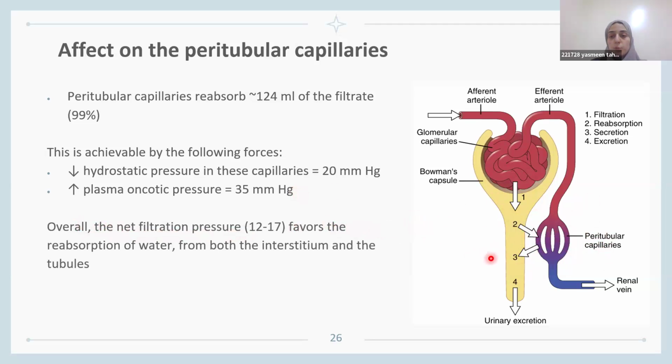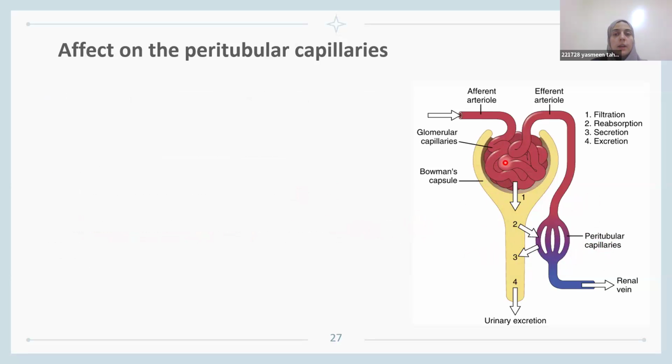It favors the reabsorption in this case more than the filtration. Okay. And also in the peritubular capillaries, we have the same filtration coefficient we talked about. It has also, again, a higher filtration coefficient. So in this case, a higher filtration coefficient is going to allow for increased reabsorption.